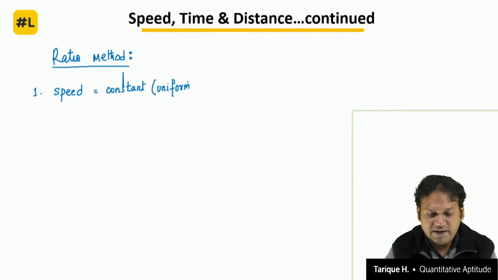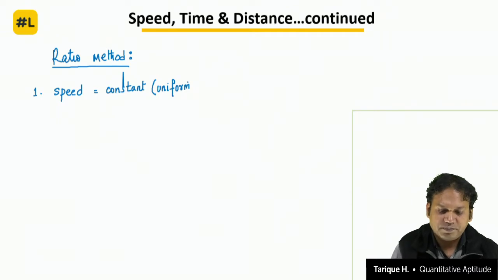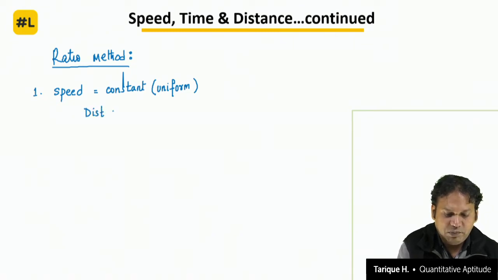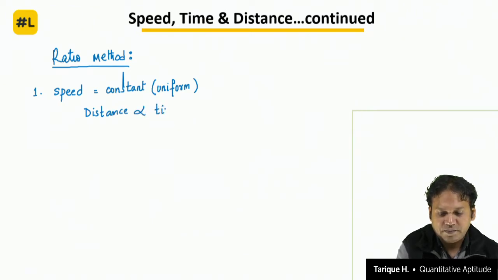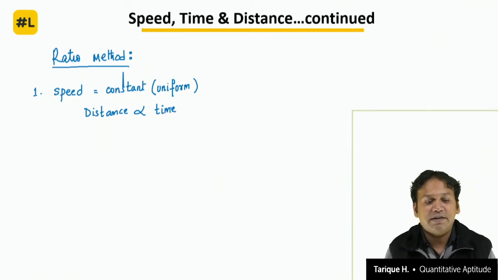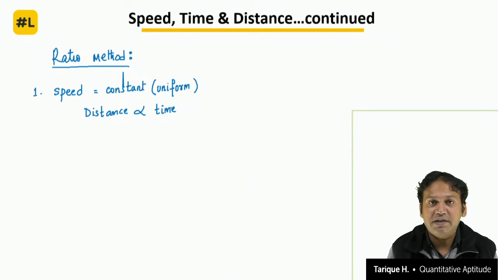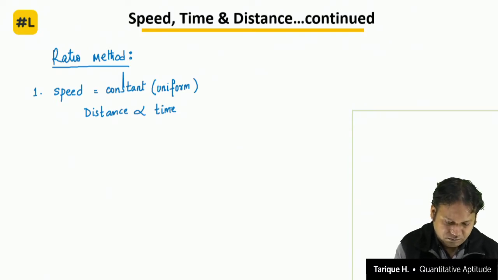So, if an object is travelling with a uniform speed, we say that distance covered is directly proportional to time. Distance is directly proportional to time. This symbol here is the symbol for direct proportion, and that means if time is increased, the distance covered will increase, and if time is decreased, the distance covered will decrease.